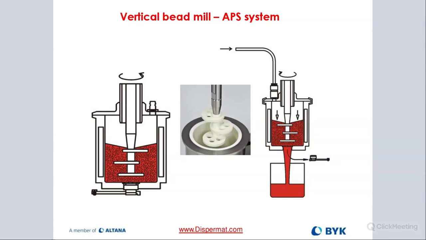So that's why we consider it more of a batch and smaller production volume option rather than something for somebody who wants to do hundreds of gallons or thousands of liters.